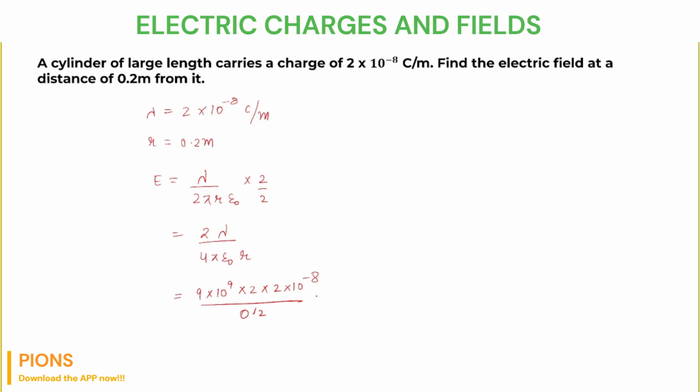Let's remove this point. We get here 10, and cancelling 2 with 2, it will be 18 into 10 to the power 2. So the correct answer is 1800. So electric field is 1800 Newton per Coulomb. That's our electric field. Understood?